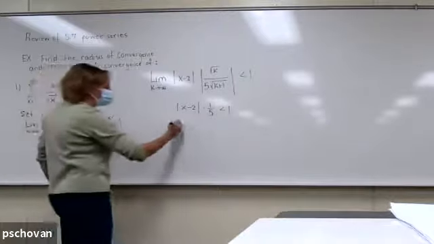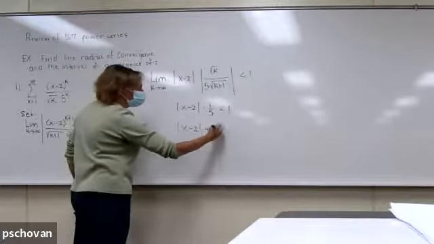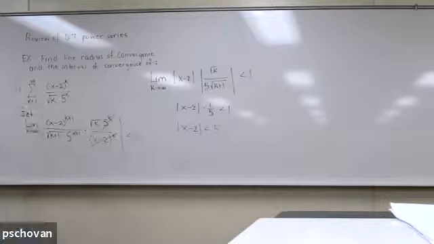When I multiply through by 5, I get the radius of convergence. That's this number. 5 is the radius of convergence, so that means if 2 is in the center and I go 5 units in each direction, I have an interval on which this series converges.